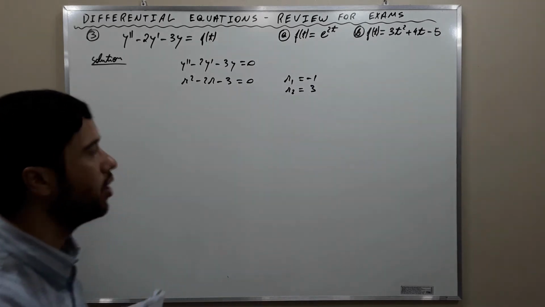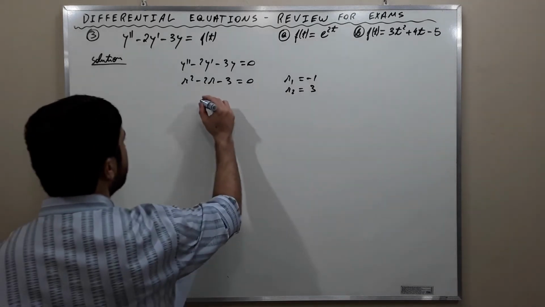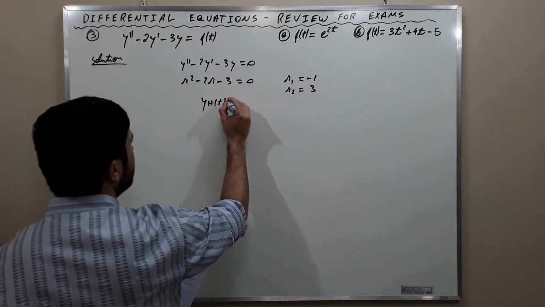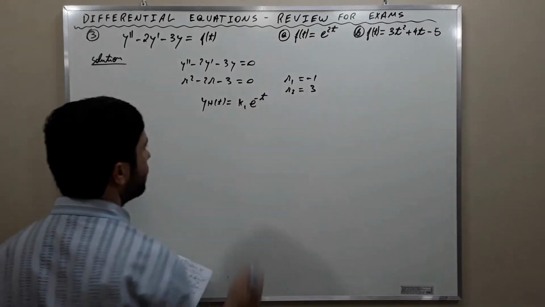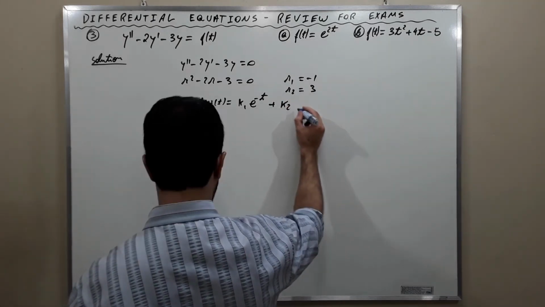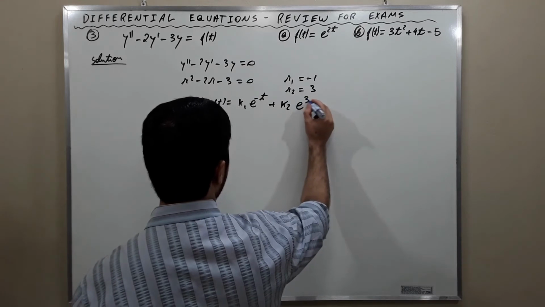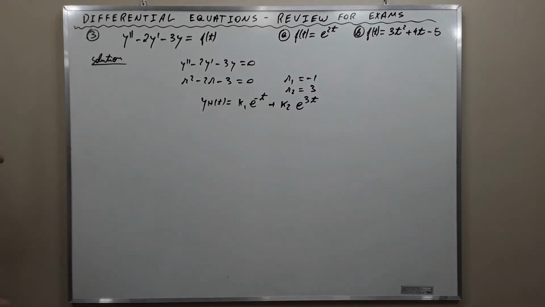Okay, these are the roots of this equation here. And with the roots, we can compose the homogeneous solution. And the homogeneous solution is yh of t equal to k1 e raised to the power of minus t plus k2 e raised to 3t. Okay, now let's go to the particular solutions.